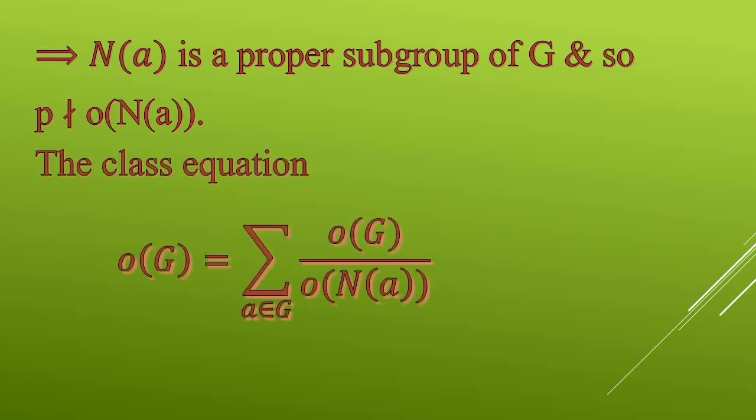Then we have to use the class equation, that is, order of G equals the summation over a belonging to G of order of G by order of N(a).